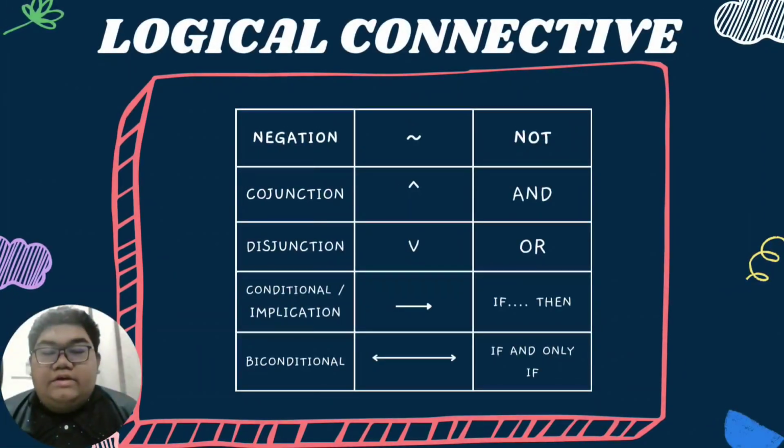Okay, these are the logical connective symbols and what they represent. The first one, negation. Negation is for not, conjunction for and, disjunction for or, conditional or implication for if, then, and lastly biconditional for if and only if.